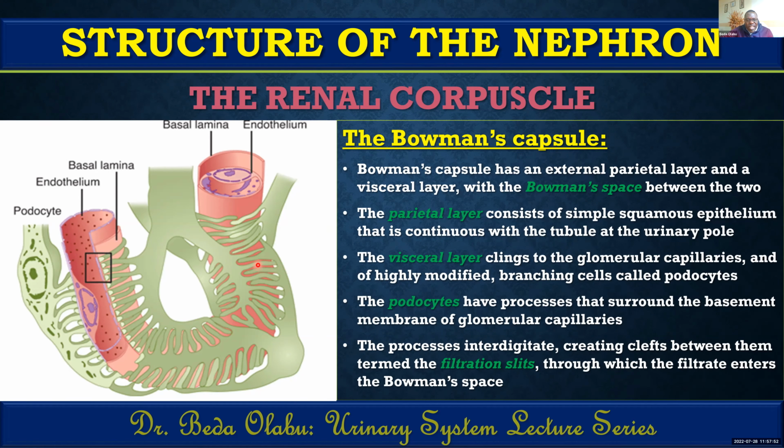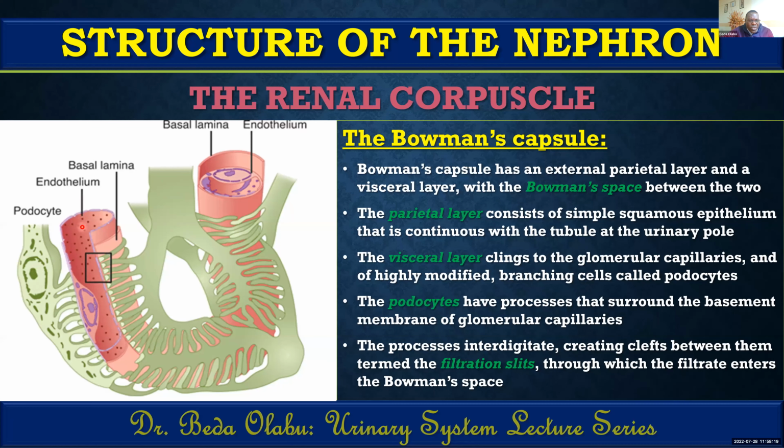The gaps, the clefts between the processes of podocytes are known as filtration slits. It is through these gaps that fluid enters the Bowman's space. And so I want you to understand that really well, that we have fluid running within here, that is plasma, blood.